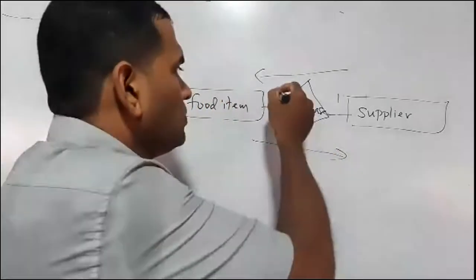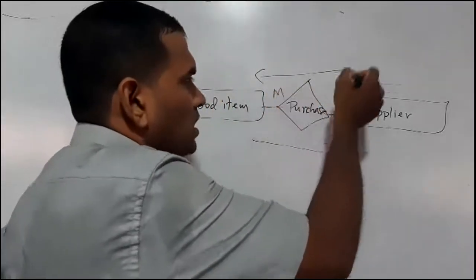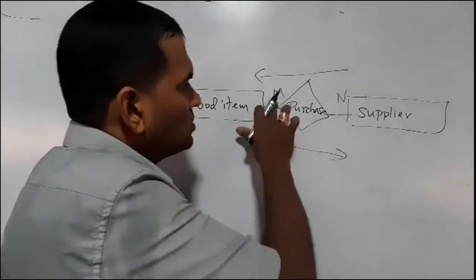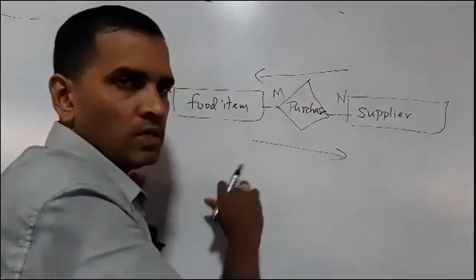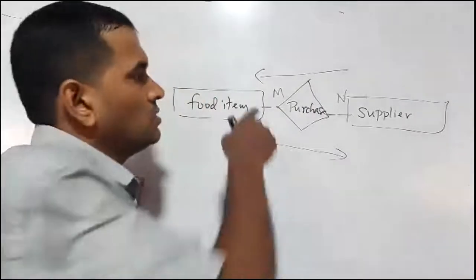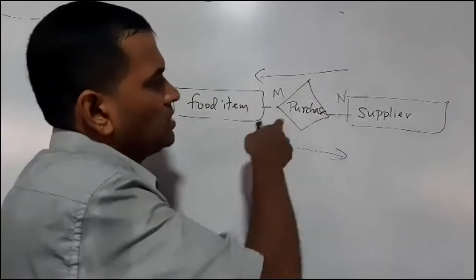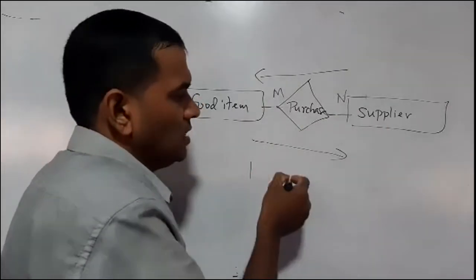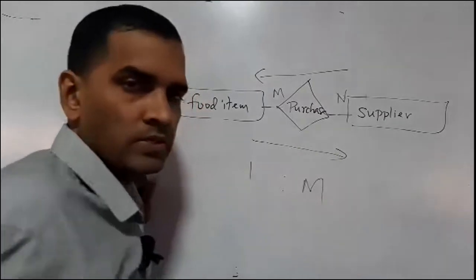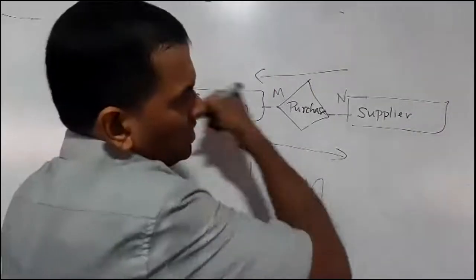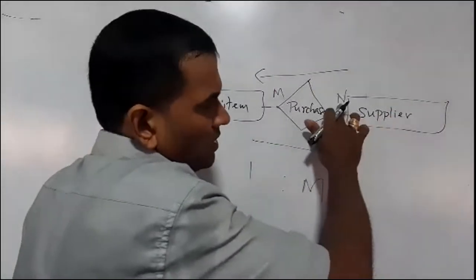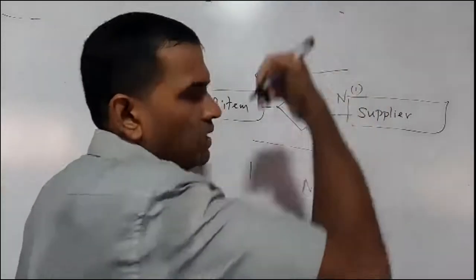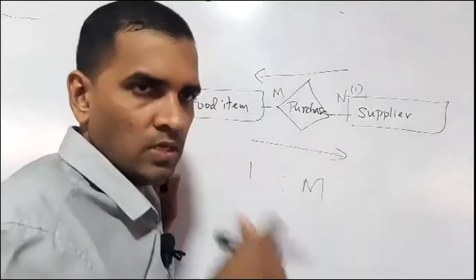If it is many to many, put M on one side, N on the other side. Here it is M, but don't start with many food items. You have to check one by one. So one food item is purchased from many suppliers. In the opposite direction, for supplier there is N, which means many, but you have to take that as 1 because we have to take every data individually.